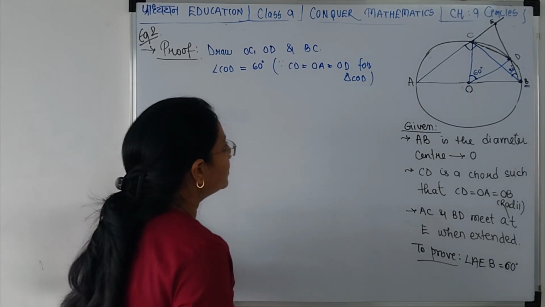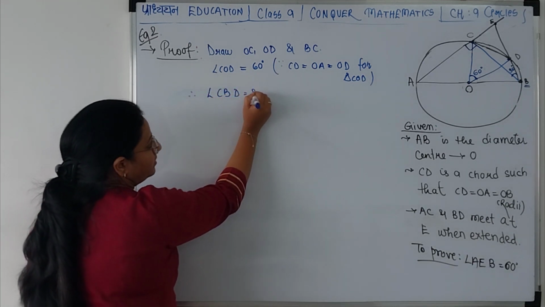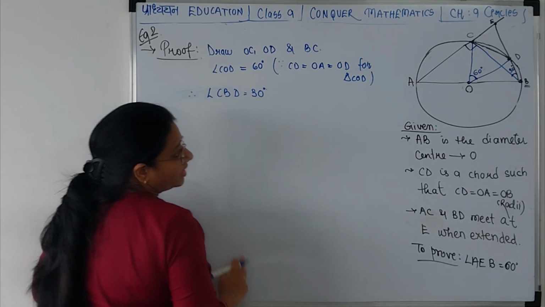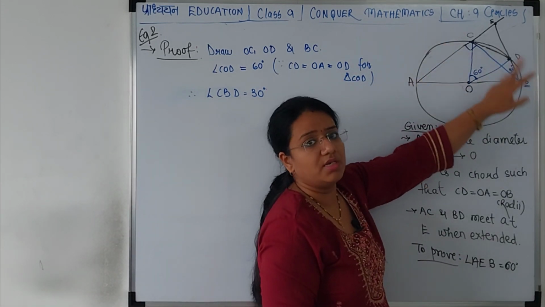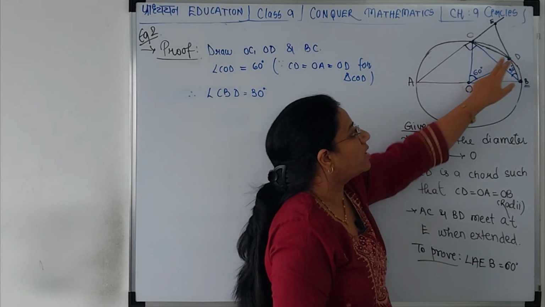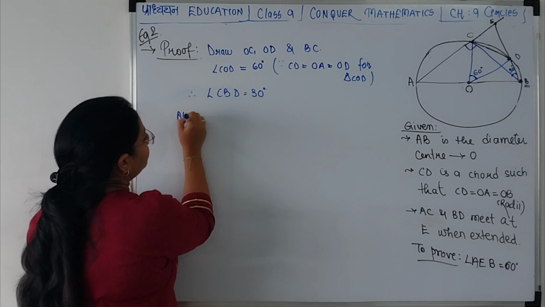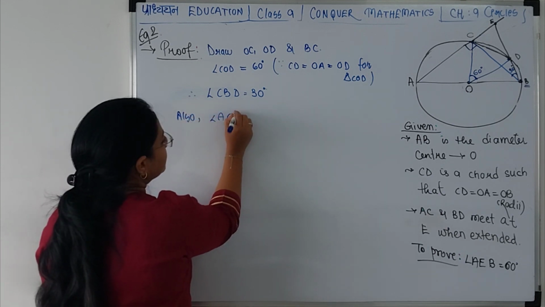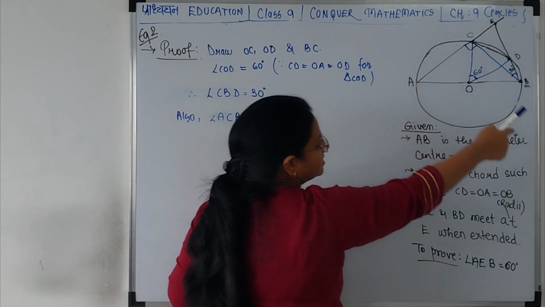You can write it directly. Therefore we can say angle CBD is equal to 30. The angle made by a chord in the other part of the circle is half the angle made by the chord at the center. Clear? Also we have angle ACB equal to 90 degrees, angle made in the semicircle.